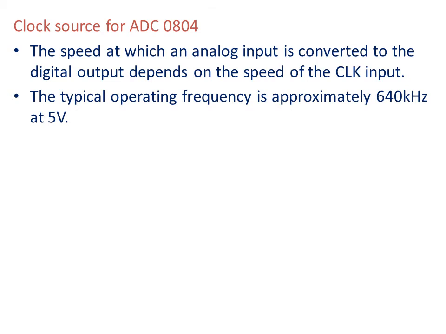Clock source for ADC0804. The speed at which an analog input is converted to the digital output depends on the speed of the CLK input. According to the ADC0804 datasheet, the typical operating frequency is approximately 640 kHz at 5 volts.